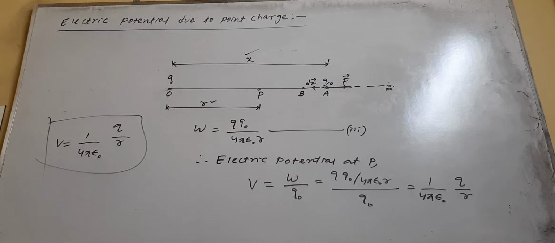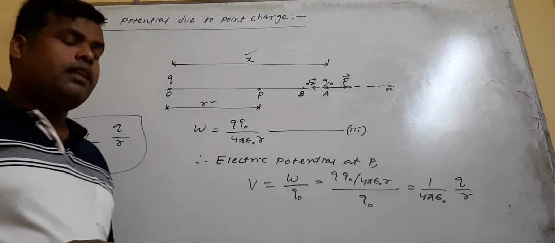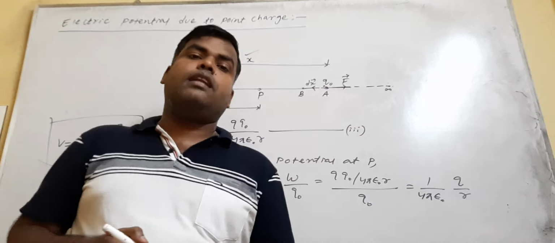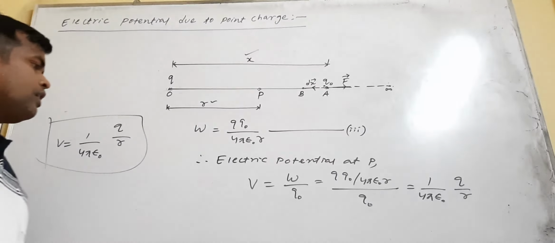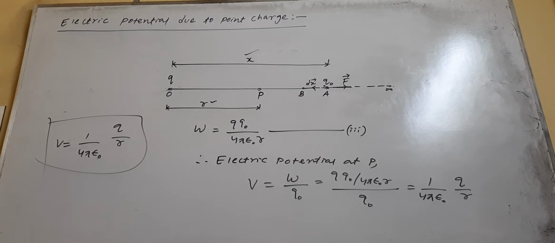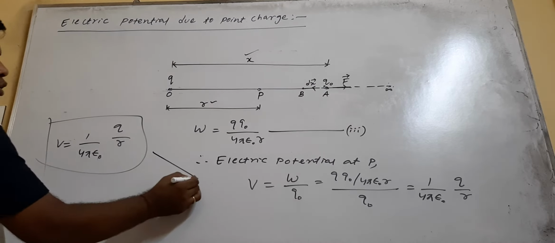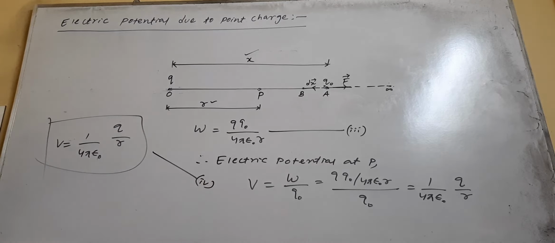You remember, electric potential is a scalar quantity because it is work done per unit charge. It is your equation number 4. Here this expression is for air medium or vacuum.